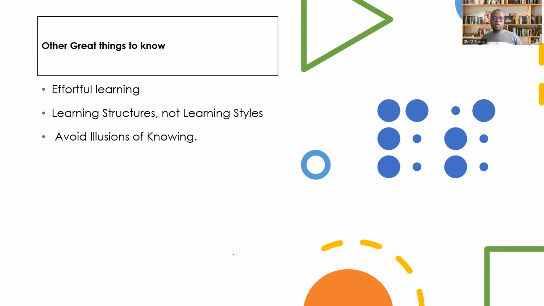It's all about learning structures and not the learning styles. People prefer learning by watching videos, or reading, and so on. That is okay, but does the structure suit the model that you need? If it's a demonstration of the application of some concepts, then a video will do.